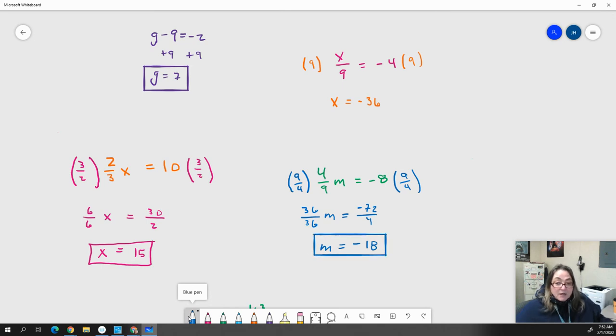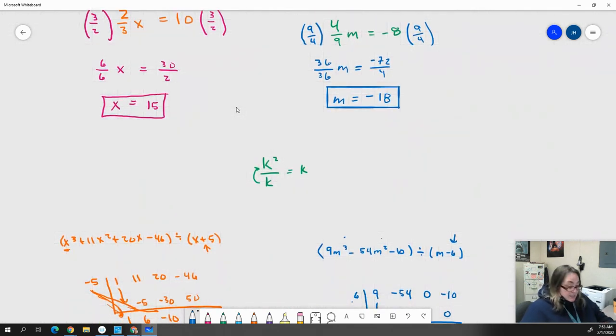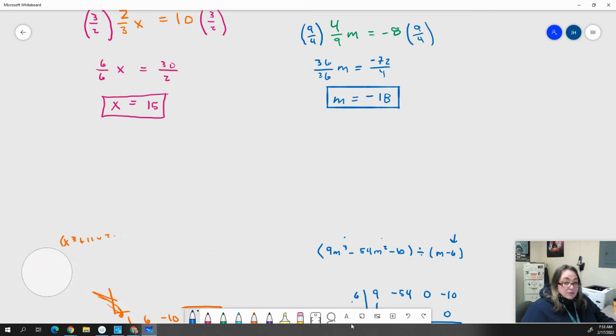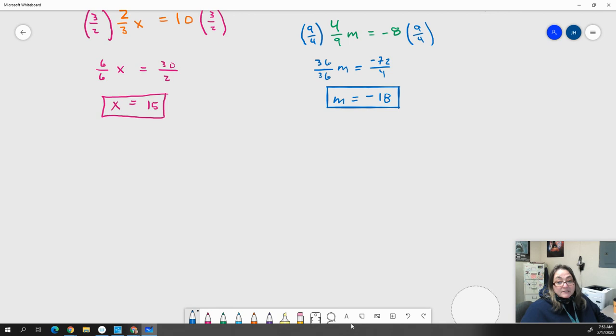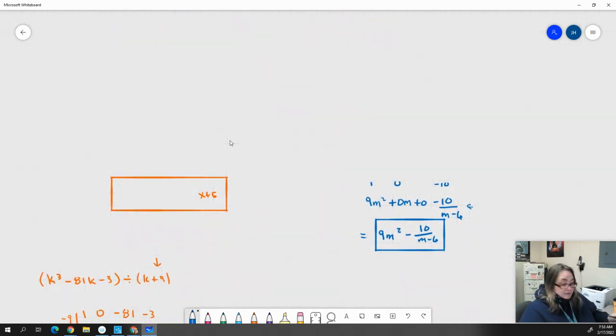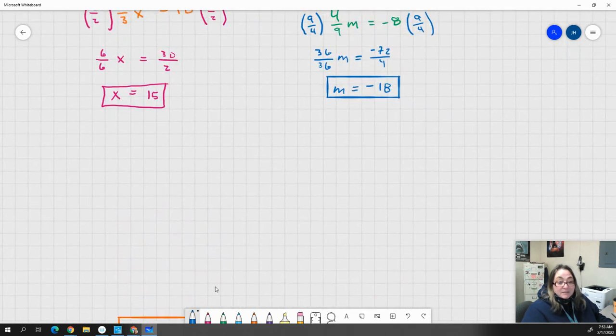So this is what we're talking about when we're talking about one-step equations. Two-step equations just means that we're doing more than one step to get there, right? There really isn't much of a difference. I won't do too many two-step equation examples.